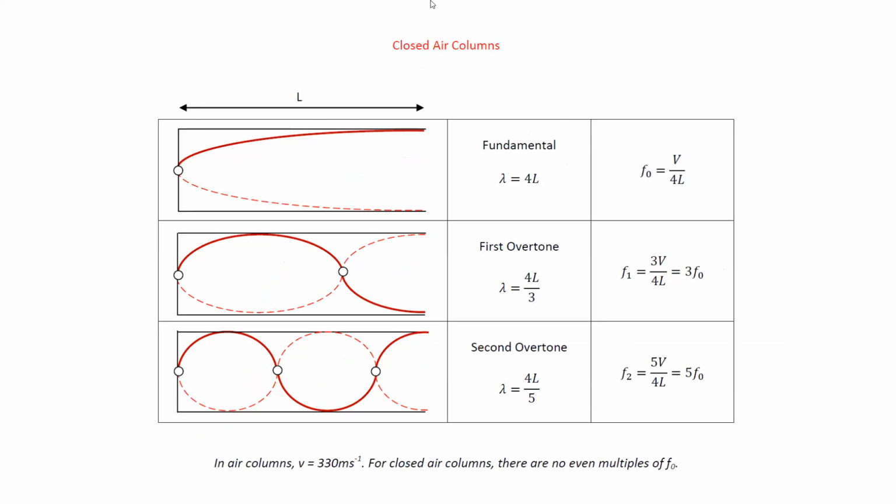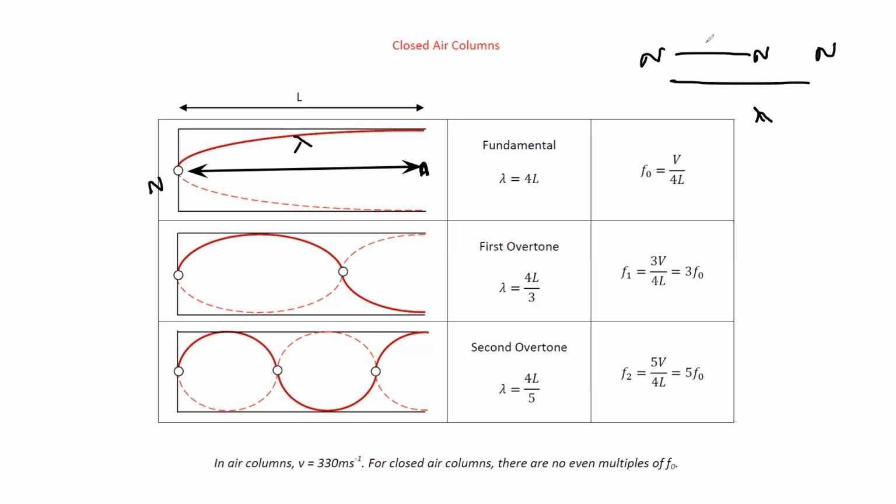How is it different? A closed pipe means a pipe which is closed from one end, and it will produce a node at the closed end, and an antinode at the open end. So when it is vibrating as a fundamental, the distance between node and antinode is a quarter of the wavelength, because three successive nodes is lambda, and two successive nodes is lambda by 2.